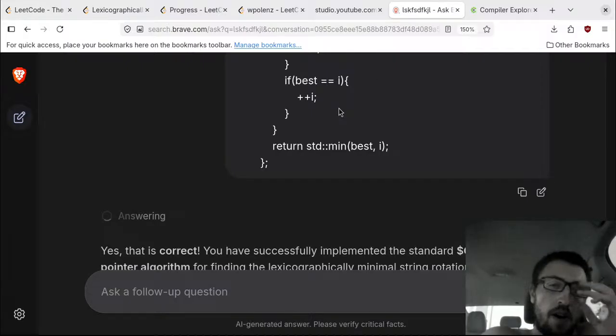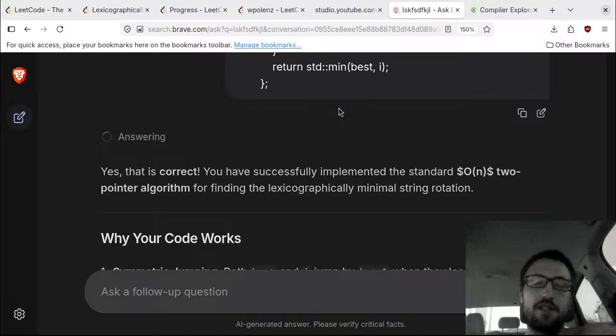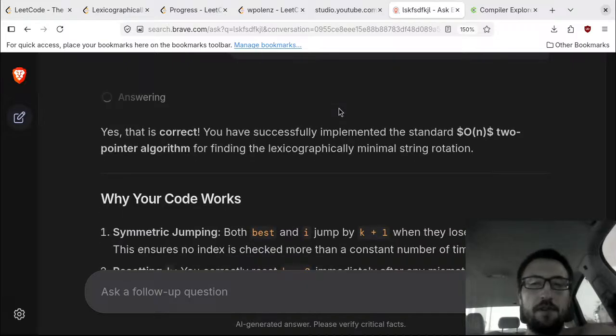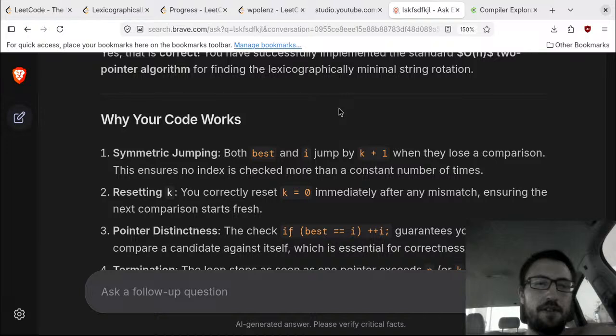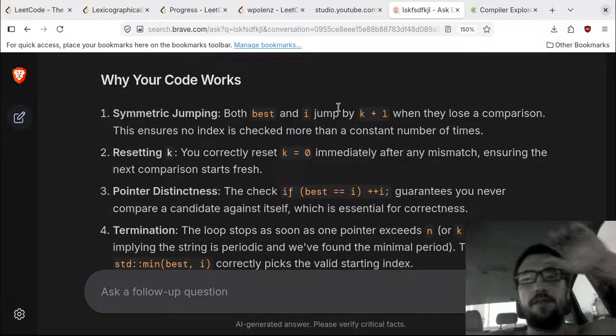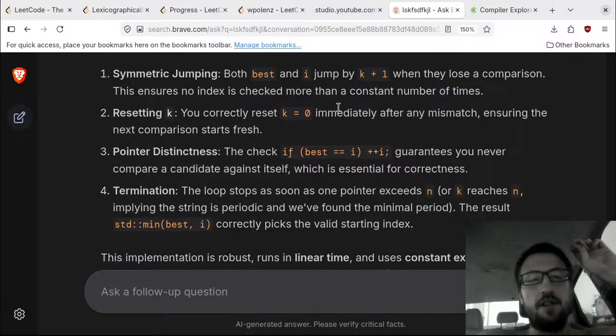That is correct. You successfully implemented the standard linear two-pointer algorithm for finding a lexicographically minimal string rotation. Code works. Symmetric jumping: both best and I jump by K plus 1 when they lose a comparison. This ensures no index is checked more than a constant number of times. Resetting K: you correctly reset K immediately after any mismatch, ensuring the next comparison starts fresh.